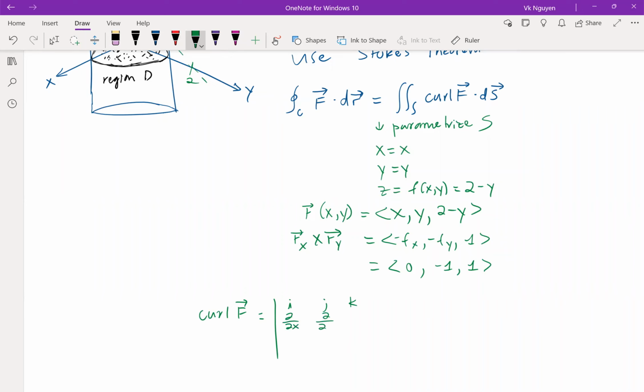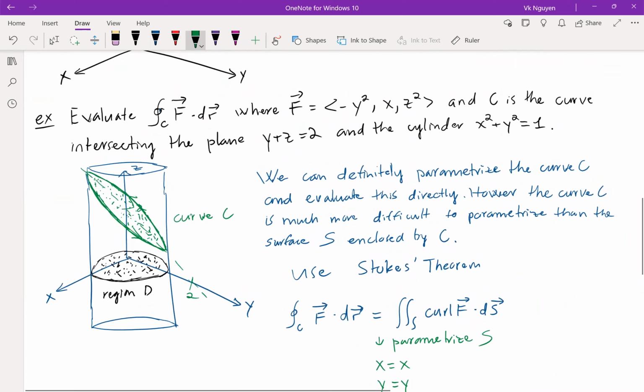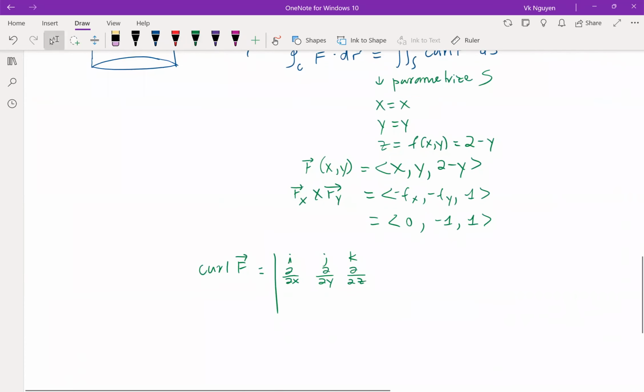Partial x, partial y, partial z. The vector field F is minus y squared, x, z squared. Now we are very lucky, because we parameterize S using rectangular coordinates.